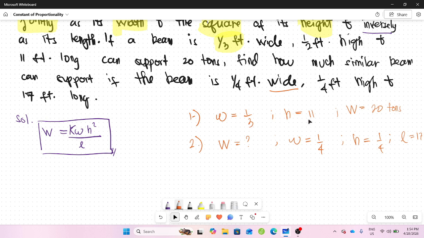My bad. This is 1/2. My bad for that. Let me correct this one, by the way. So our height here is just 1/2, while our length here is actually 11. So height is 1/2, length is 11.